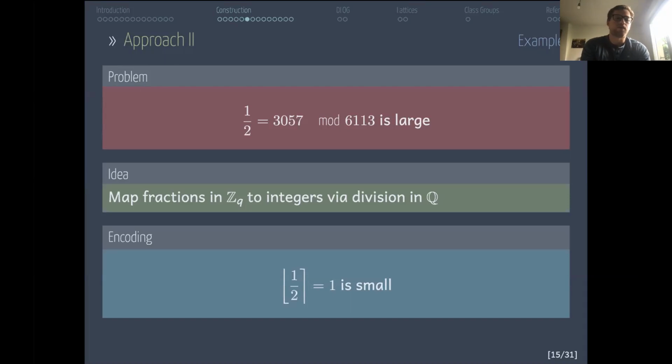So this will be 0.5. Then we round it to the closest integer, which is equal to 1. And this will be trivially small if the numerator and denominator are small, because division over q actually preserves smallness. And this is essentially the core technique that allows us to construct efficient range proofs.